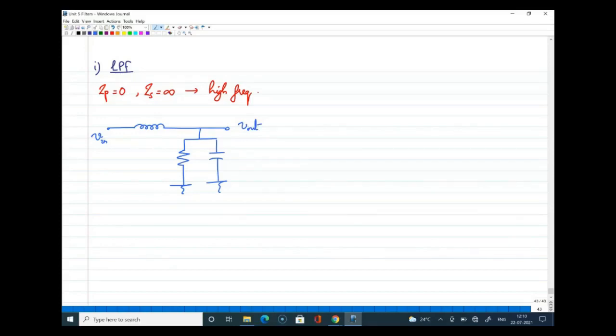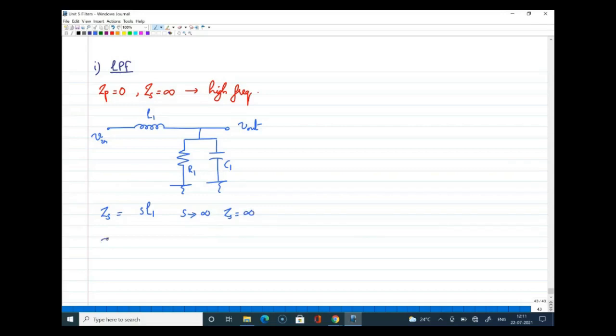Let us verify whether what we discussed just now is valid in this case. Let me call this L1, this R1, this C1. Now let me write what Zs is here. Zs is S times L1, and when you put S equal to infinity, Zs is equal to infinity.